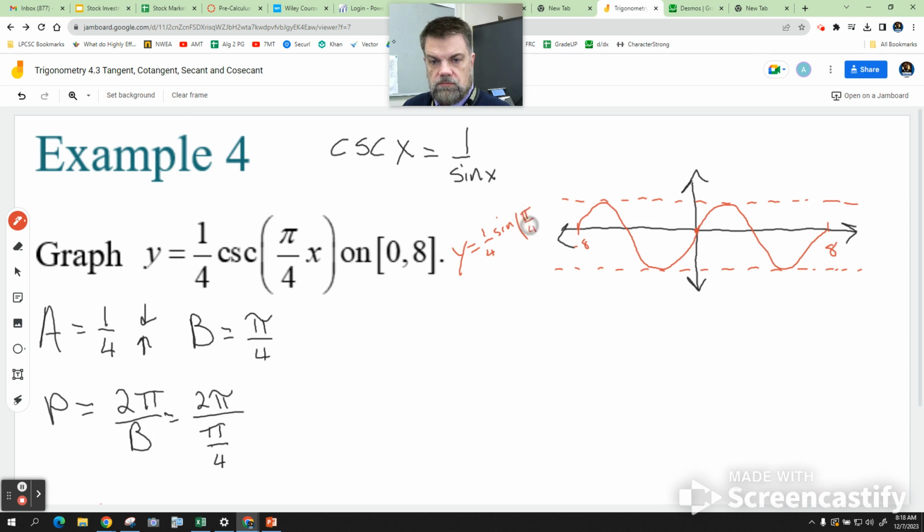x. Now, to graph this by hand, I'm going to say, well, look, wherever sine is equal to 0, there's a vertical asymptote. So sine is equal to 0 here, vertical asymptote. Sine is equal to 0 here, vertical asymptote. I'm extending it so you can see it.